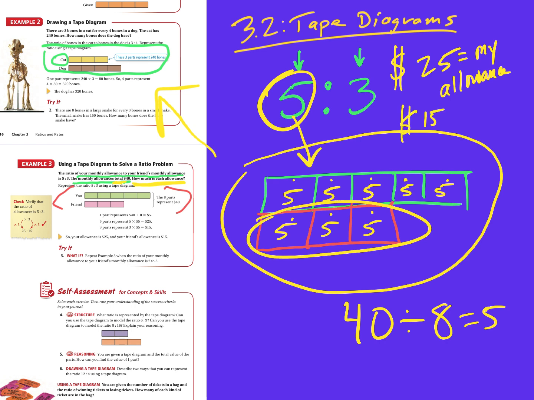So 15 equals friend's allowance. Okay, and so just read the question carefully, read it slowly, make sure you understand what the word problem is asking you, and use the tape diagram correctly. Okay, so that was 3.2 tape diagrams.